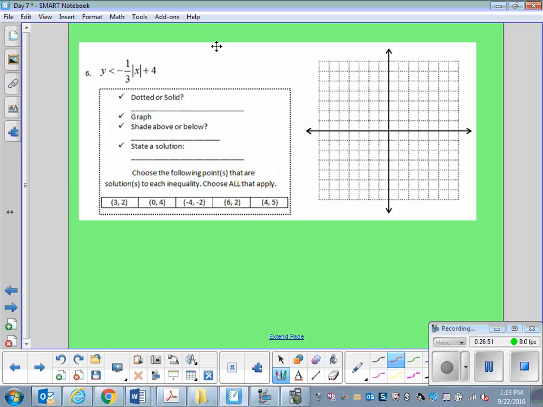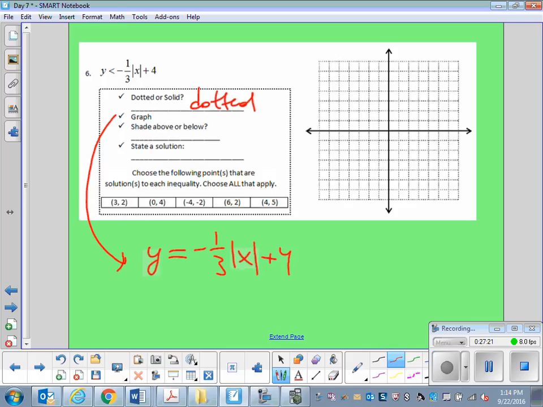Okay, so dotted or solid, David? Dotted. What do I graph, David? I just graph the same thing but with the equality sign, right? So this is what I need to either enter into my calculator or know what I'm doing. So what transformations from the parent function?